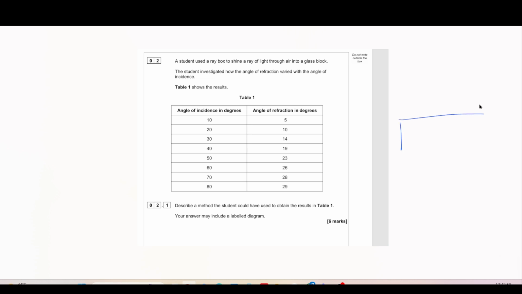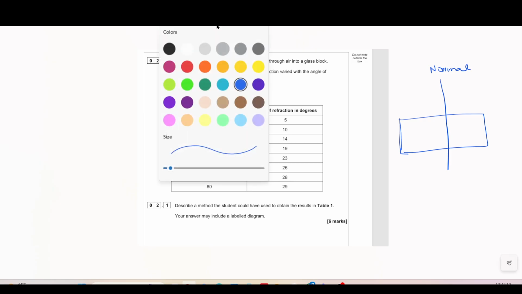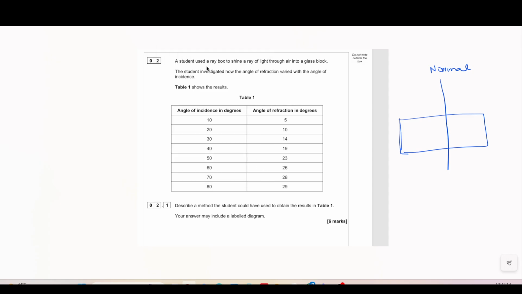This is your block. Okay, this is your normal. Normal means 90-degree to the surface, which makes a 90-degree angle. And this, let me change the color, this ray which is incident on the surface of the block, is called the incident ray.